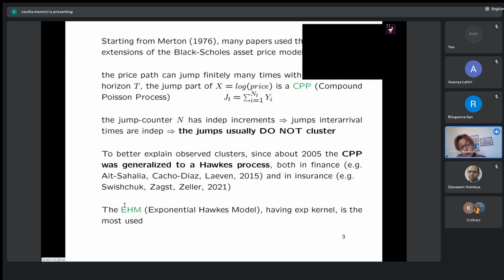In particular, the exponential Hawkes model is the most used type of Hawkes model. This has an exponential kernel, as we will see.